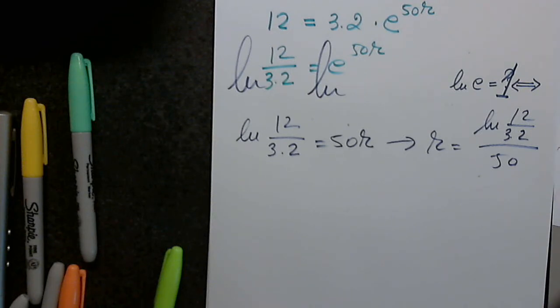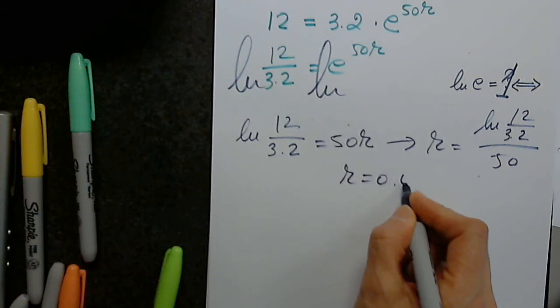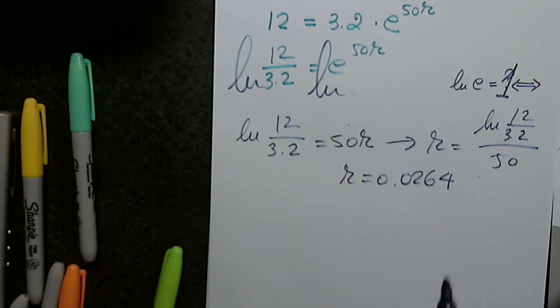Close the parenthesis and further divide by 50. So the growth rate is 2.6. However, we have to write it as a decimal number, and it has to have 4 decimals. All rates, please remember, 4 decimals. So r equals 0.0264.